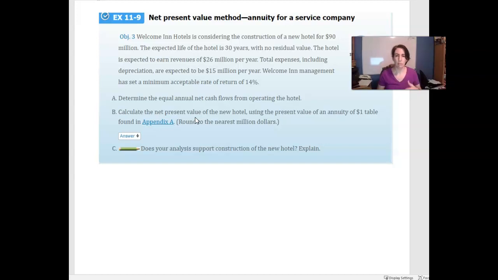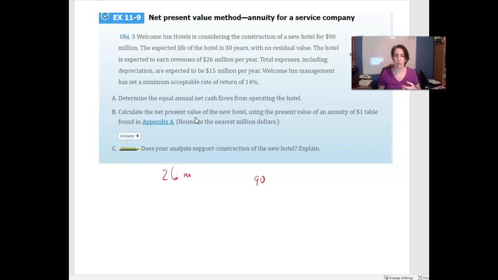Okay, so you know that you're going to be expecting annual revenue of $26 million for each year. So that's easy, right? 26M we'll go with. You're going to have expenses each year of $15 million, but you can't just subtract 15 because that 15 includes depreciation. So what we have to do is calculate depreciation and take that out of those expenses of $15 million. All right, so you've got the hotel at $90 million.